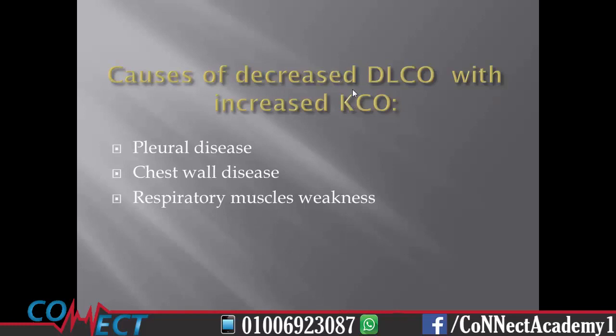So the causes of decreased diffusion capacity with increased diffusion coefficient are pleural disease, chest wall disease, respiratory muscle weakness like Guillain-Barré and myasthenia gravis, and also skeletal deformity like kyphoscoliosis. In all these conditions, there is no affection of the alveolo-capillary membrane. So the diffusion capacity will be corrected in the diffusion coefficient, so the diffusion coefficient will increase.